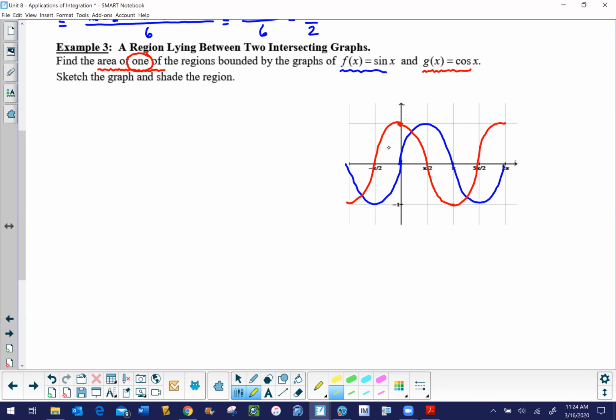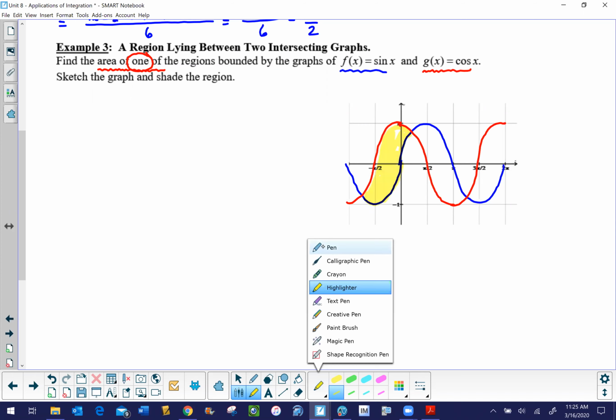There are 2 on our page right now. Maybe the first one we see on the left has the red curve on top, which is cosine, and the blue curve on bottom, which is our sine. And we need to figure out where they are intersecting each other. What values are those? So we need to do a little sine equals cosine situation here.